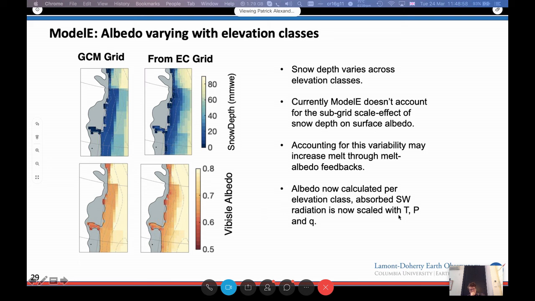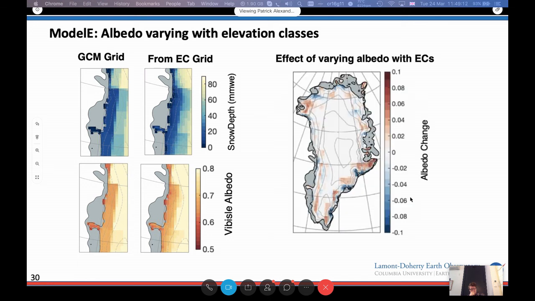So now in addition to temperature, pressure, and humidity, we're also scaling absorbed shortwave radiation. And so this is at the ice sheet-wide scale, the change in albedo that occurs when we include these effects of albedo, especially along the margin, which could be particularly important.